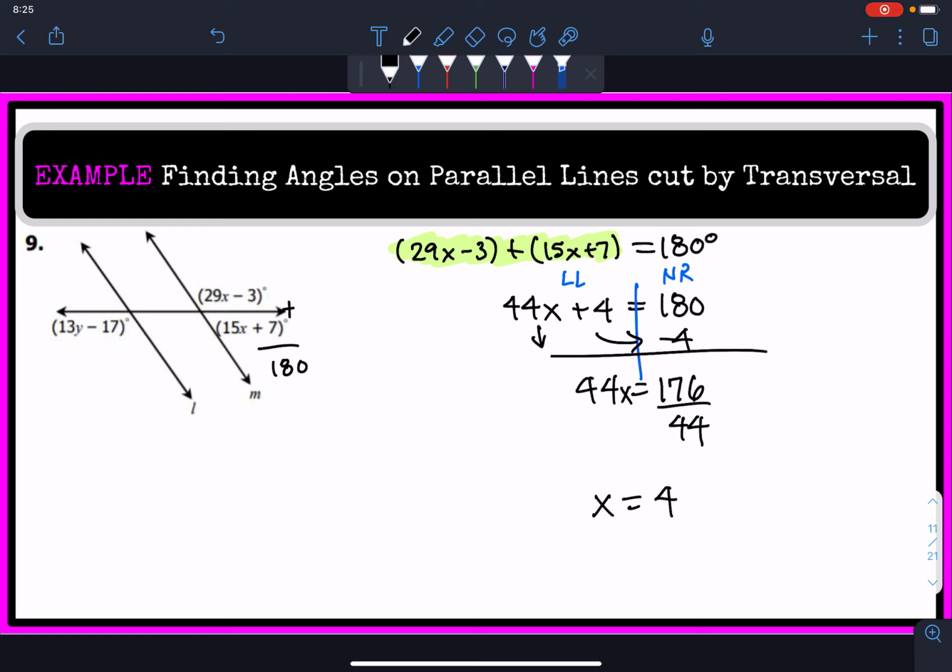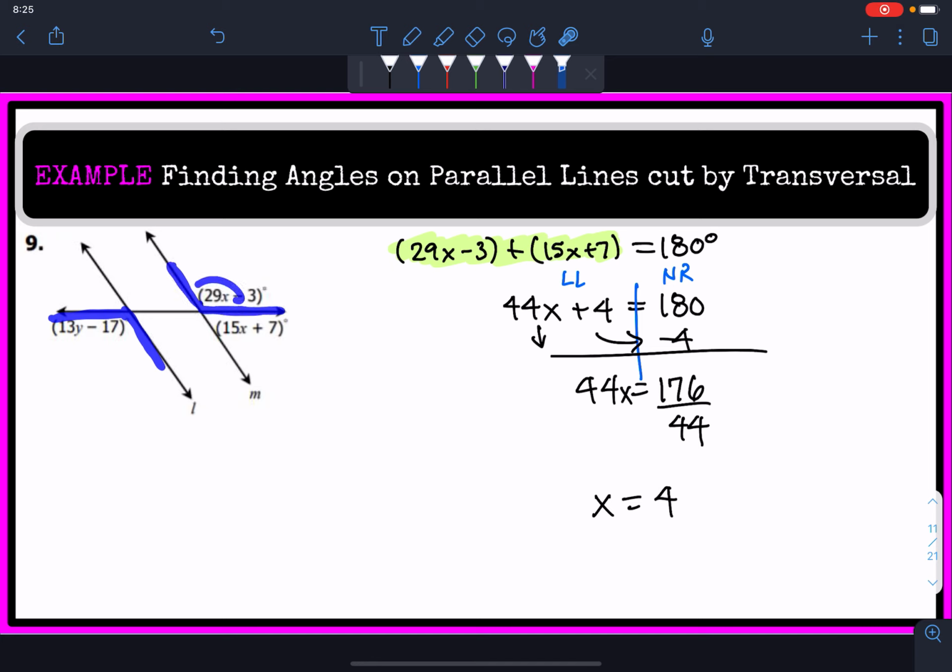So now that the value of x is equal to 4, I'm going to plug that in. And this time, unlike the previous example, these two angles are going to be different. They're not the same. So I would have to again determine what I'm going to use. Well, since this angle is an obtuse angle, I'm going to plug the 4 into this angle right here because this one is obtuse as well.